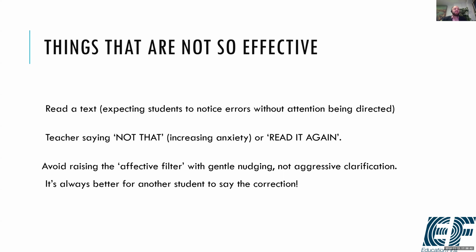Getting students just to read a text and say, "this is the correct one. Now just do it again." So you're expecting students to notice errors, perhaps without highlighting anything. They almost certainly won't be able to get it, and you're not encouraging students to think critically. There's not enough purpose in that text.